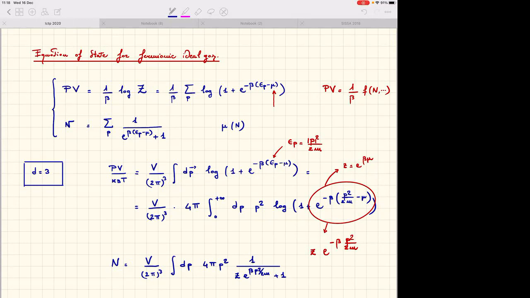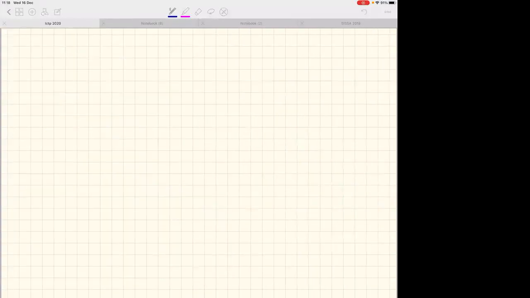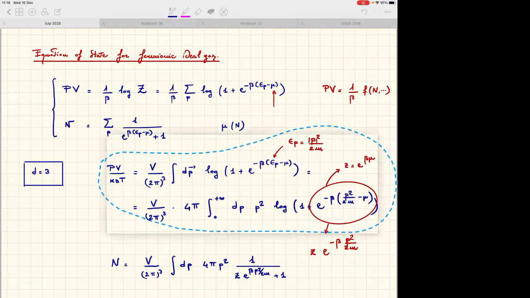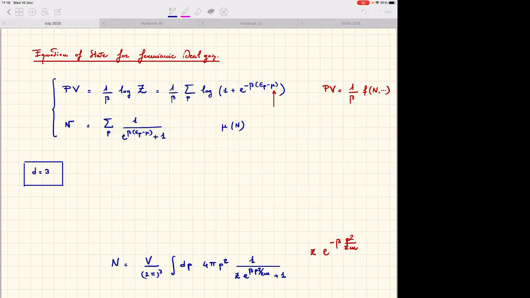Now, in order to sort out what n is, and what the fugacity z is as a function of n, I have to compute these integrals. Let me do it for the first, and essentially the second is the same story. Let me first change variables.